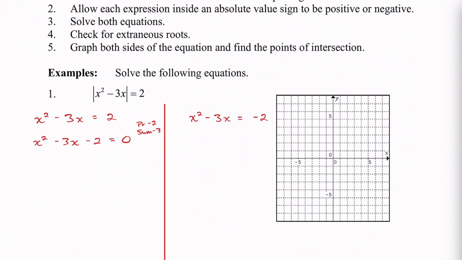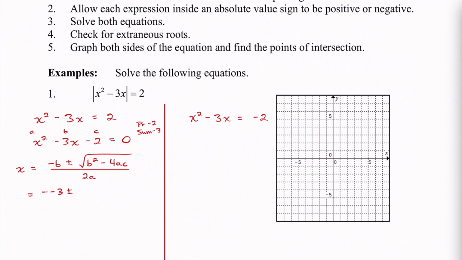What I'm going to use is the quadratic formula. So x equals negative b plus or minus the square root of b squared minus 4 times a times c, all of that divided by 2 times a. Remember, the a, b, and c come from our quadratic up here. So putting this in, we got minus b, and b is negative 3, so that's minus negative 3.